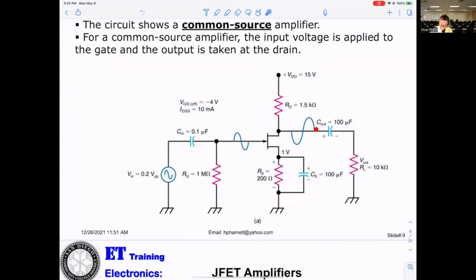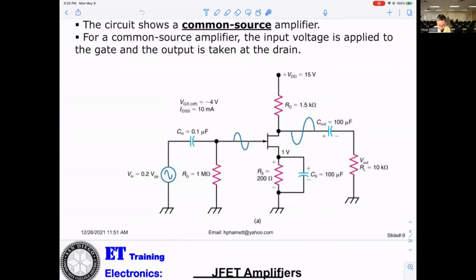That means it's just like a wire. It only allows the signal to go to the output, but the drain DC voltage cannot go. So that explains everything on this circuitry for common source.